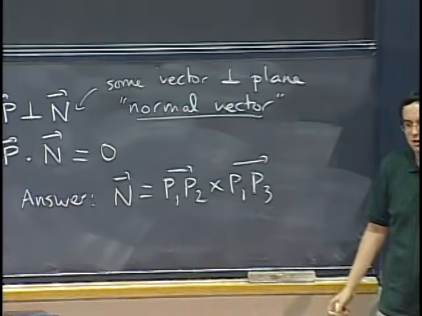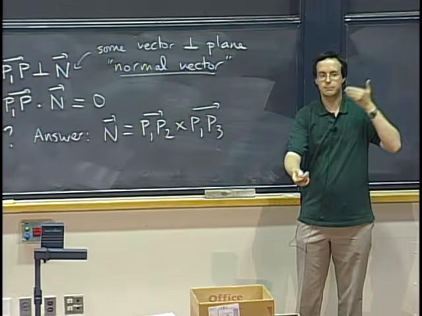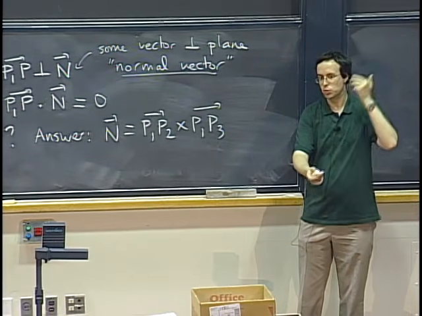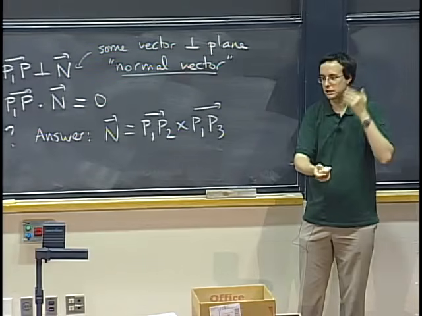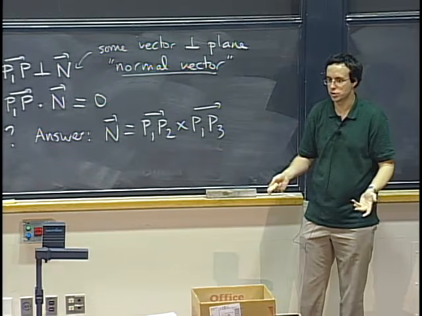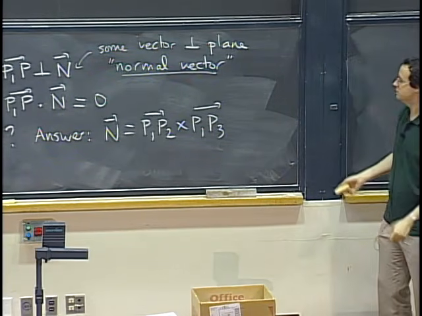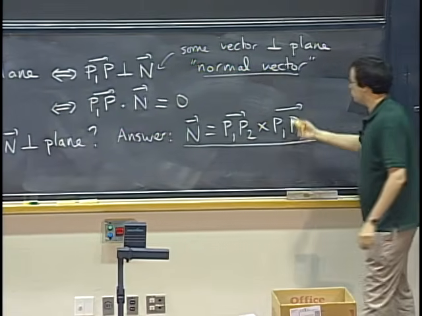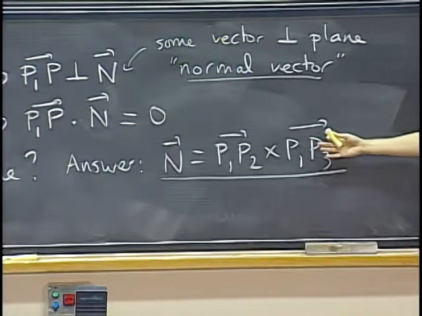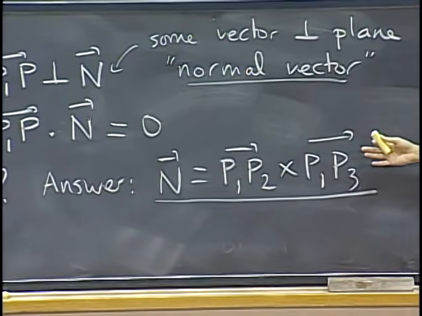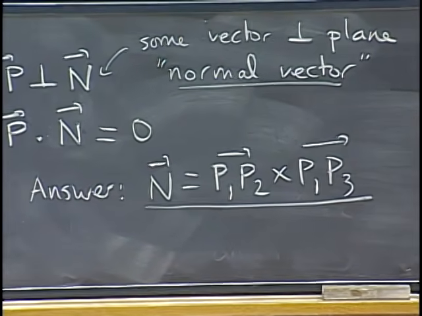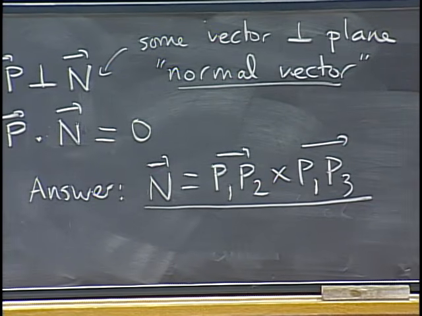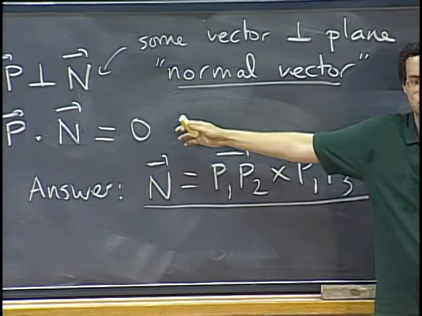That is fine. Any plane has infinitely many normal vectors. You can multiply the normal vector by any constant and you will still get a normal vector. That's absolutely fine. So that's going to be one of the main uses of the cross product. When we know two vectors in a plane, it lets us find the normal vector to the plane, and that is what we need to find the equation.